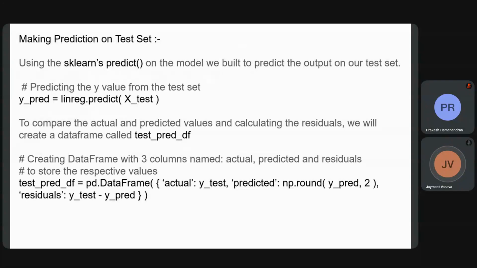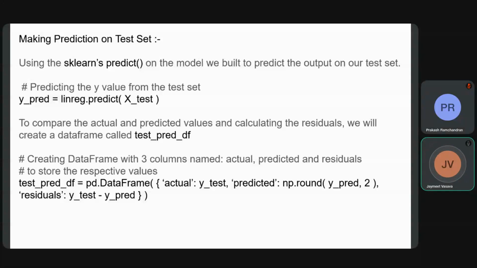So now we'll be predicting on the test set that we have. We use linreg to predict on the X test and save those values in the Y predictions. And to compare the actual and the predicted values, we'll be creating a data frame called test prediction DF, or test pred DF.